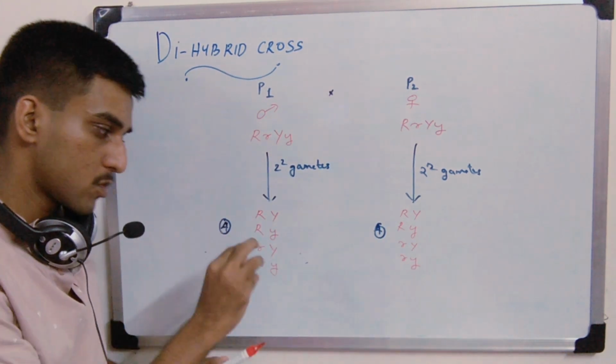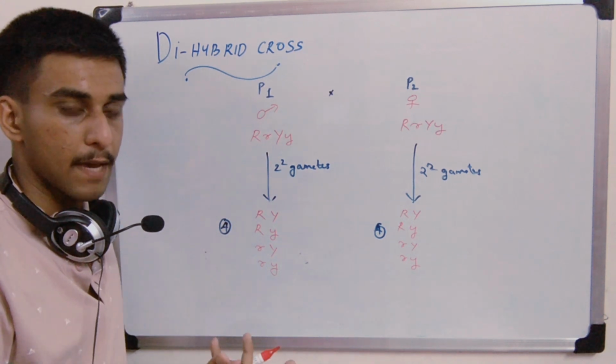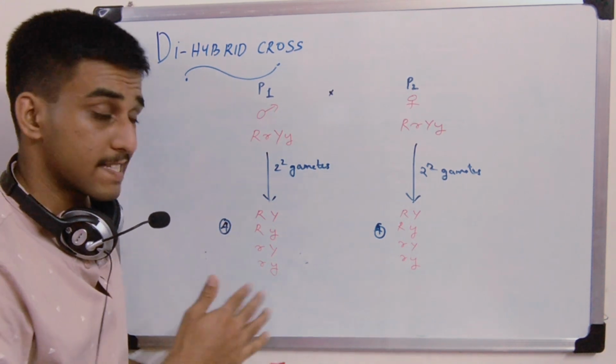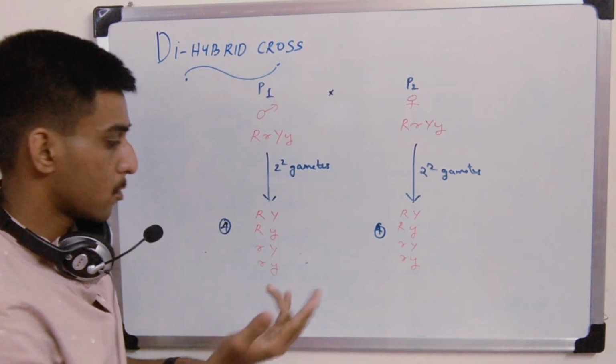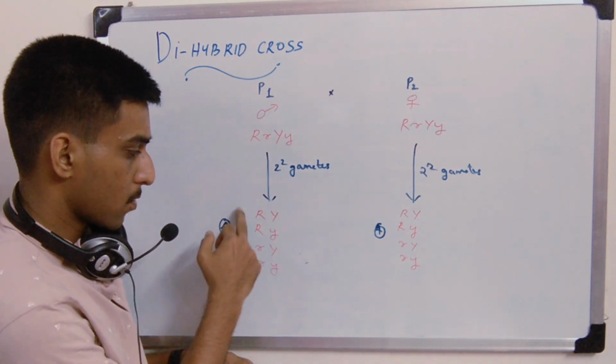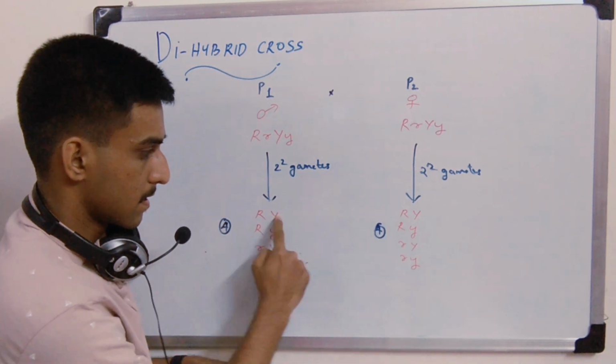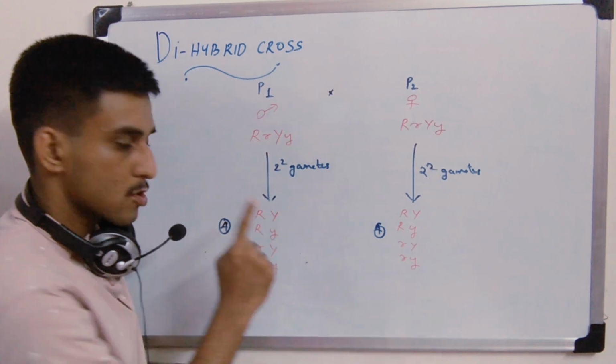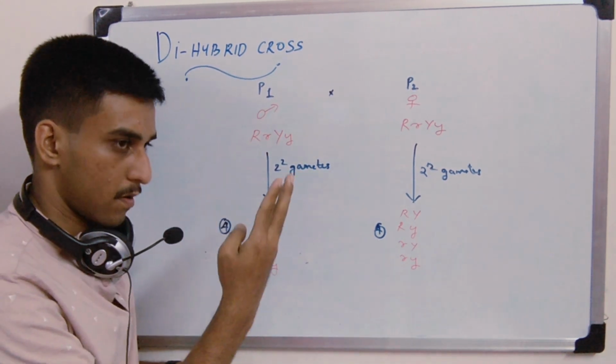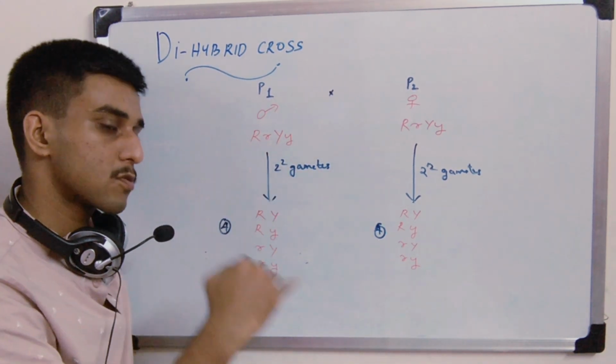So if we fuse them, how many combinations will be formed? We know that 16 will be formed, because if we take this particular gamete, it can fuse with this. So one gamete can fuse with 4. So 4 gametes can fuse with 4.